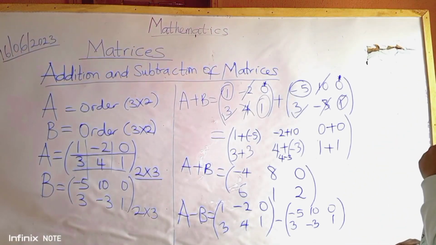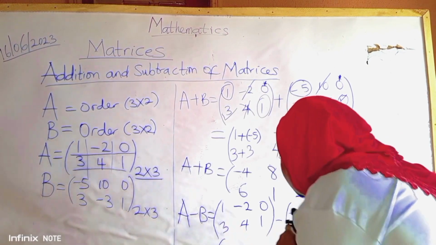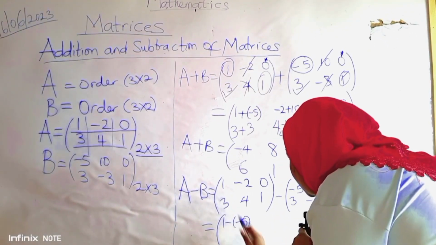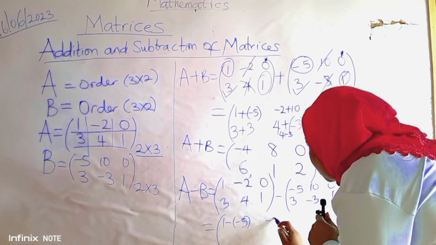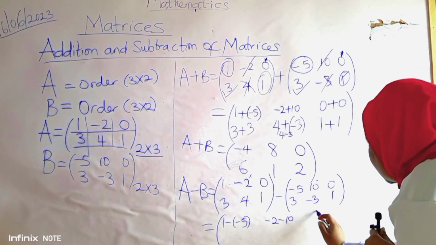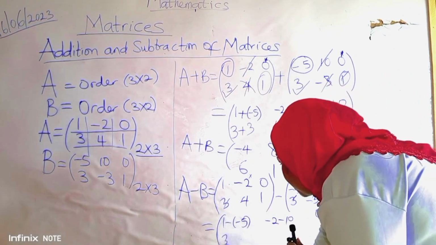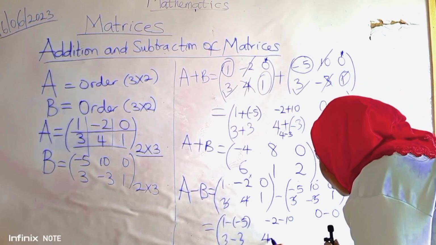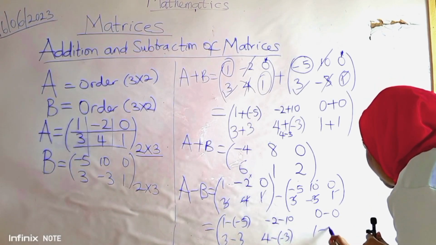So let's perform that operation. It will be equal to the first one, 1 minus minus 5, followed by minus 2 minus 10, then 0 minus 0, then 3 minus 3, 4 minus minus 3, then 1 minus 1.